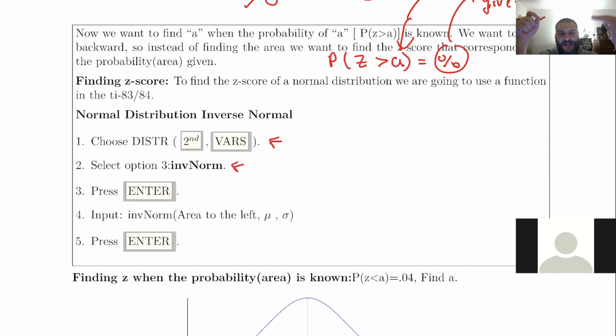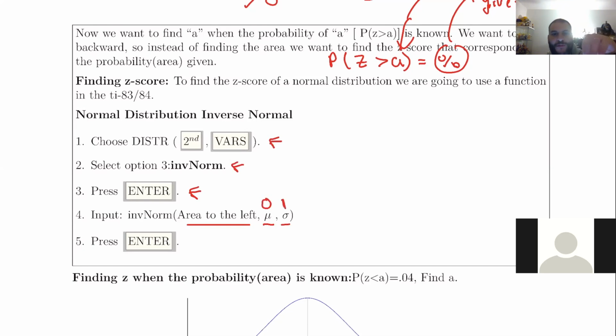So we're going to choose the inverse norm distribution, and press enter. Once you hit enter, it's going to ask you for three things: the area, the mu, and the sigma. But just remember for this, mu is 0, sigma is 1.